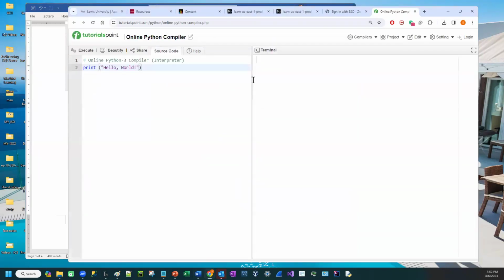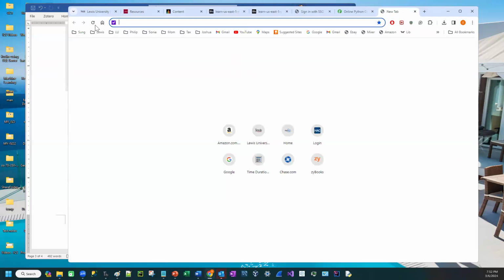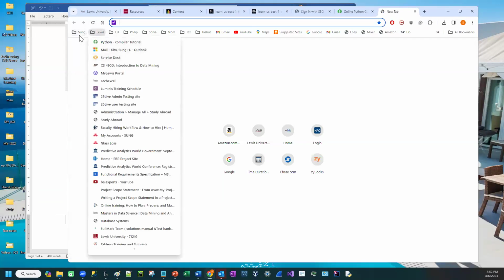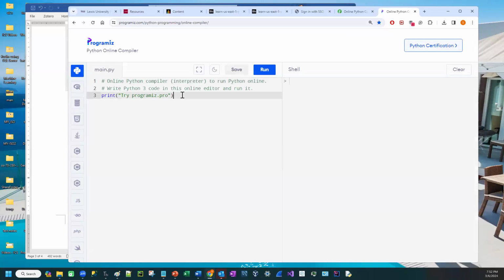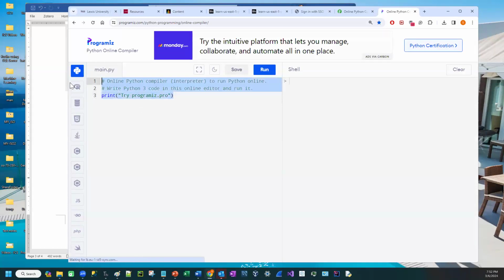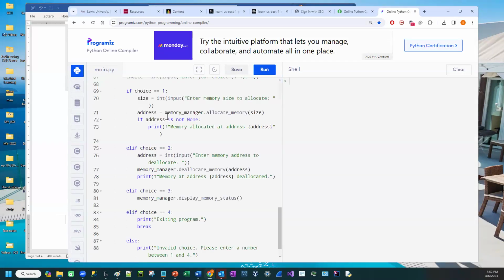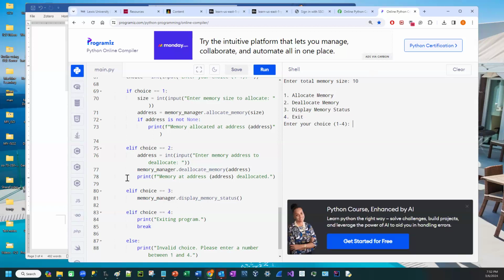You may work on Programiz. Let's give it a quick try on Programiz. So I go there. Oops. And if you run it, say 10, yeah, it works here. So you can use any of the online programs or installed programs.